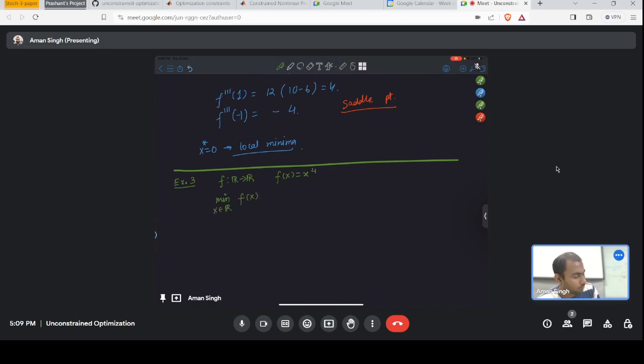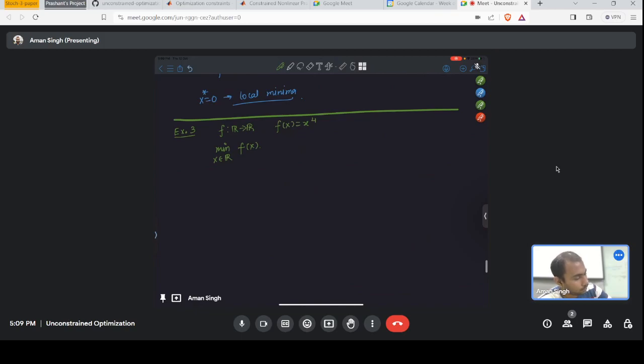Okay, so again we'll try to find f'(x) equal to 0, which implies that 4x cubed equals 0, which implies x equal to 0. Correct. So the stationary point is x equal to 0. f''(x) will be 12x squared, which is also 0 at 0.